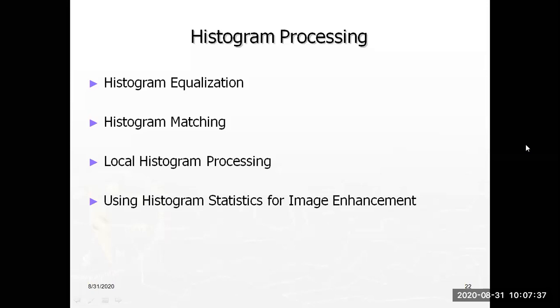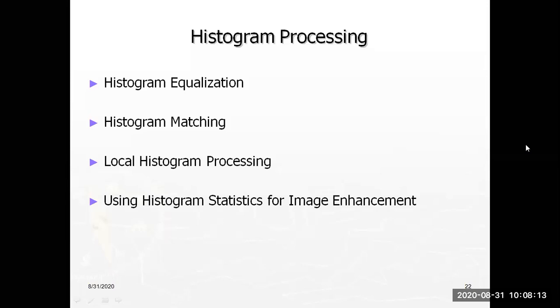Let us name it r suffix k, where k is 0, 1, 2, and so on: r0, r1, r2, up to r9. Then the histogram can be defined as P of r suffix k equals the count for r suffix k divided by capital MN. That means how many pixel values have the same value over MN pixels.